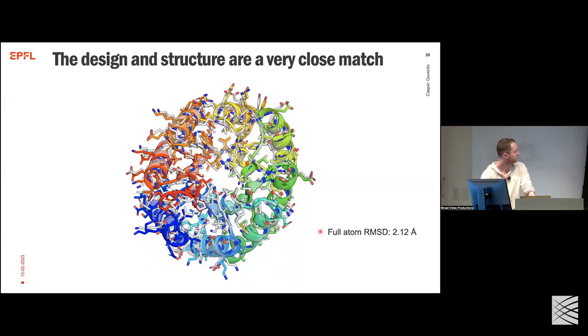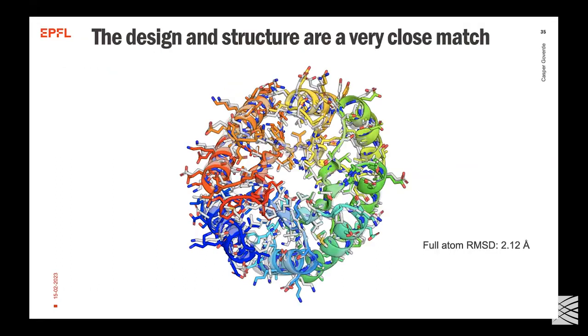And we shot these crystals, and eventually we got a structure. And the design is shown in gray, and the crystal structure itself has these rainbow colors. And what I found very interesting about this prediction and this crystal is how closely not only the backbone atoms match, but also how closely the side chains match the design.